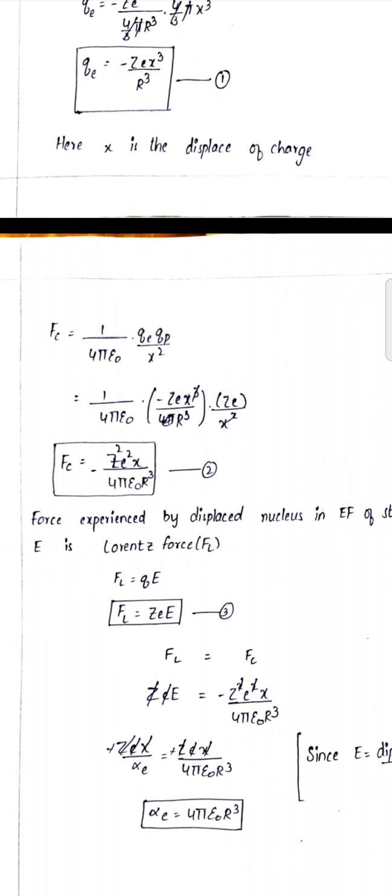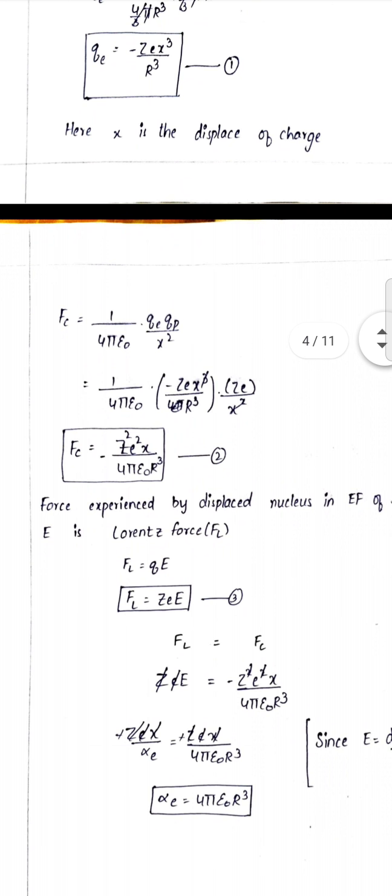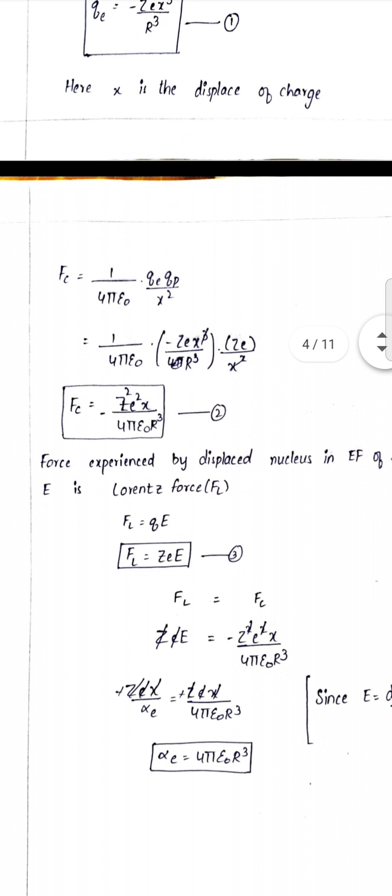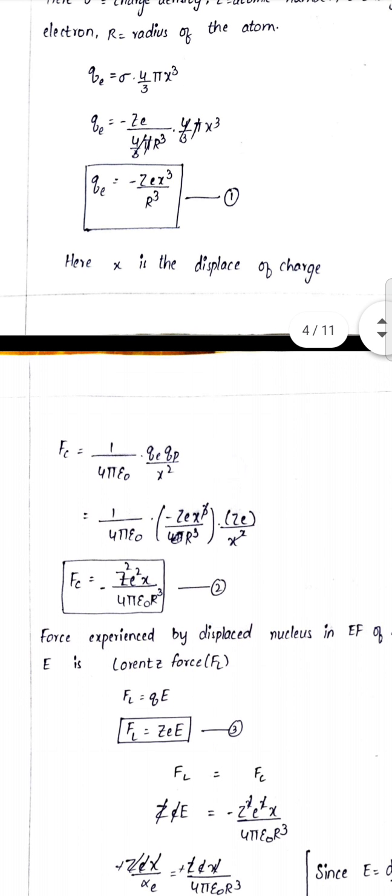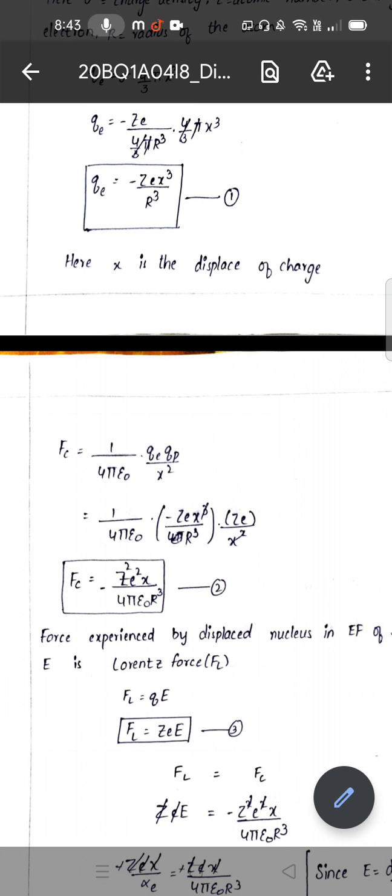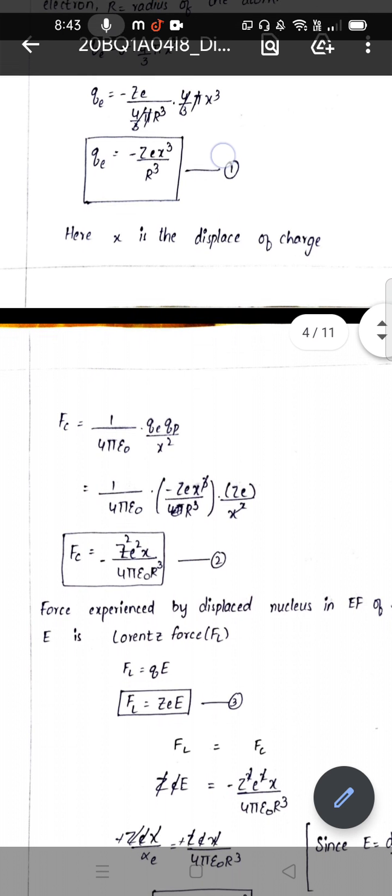The Coulombic force formula is 1 by 4 pi epsilon naught into Q into Qp by x square, where we know QE equals minus Ze x cube by r cube from the above equation.